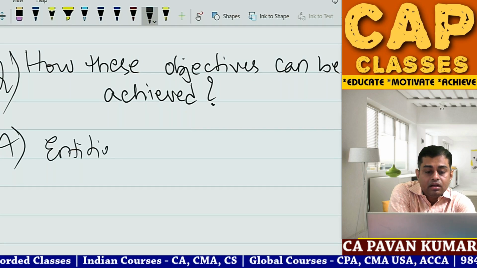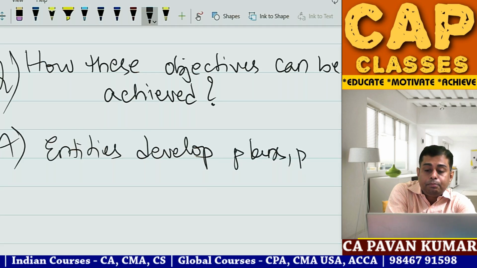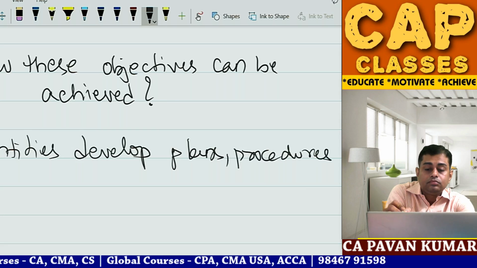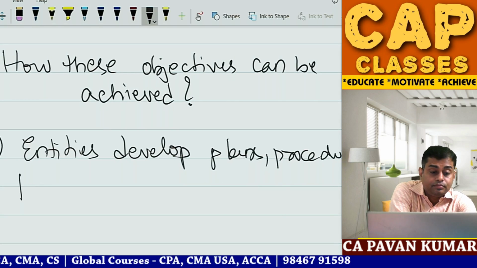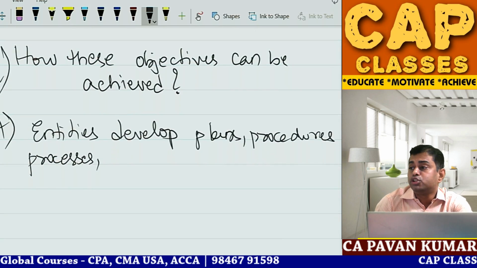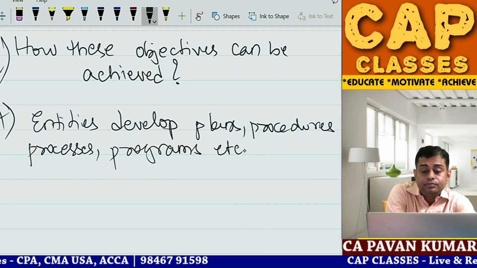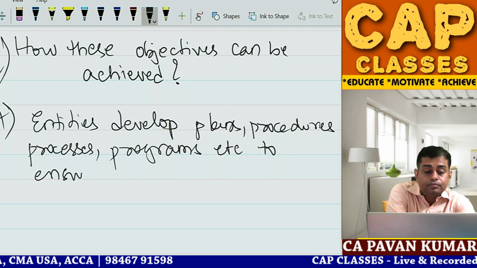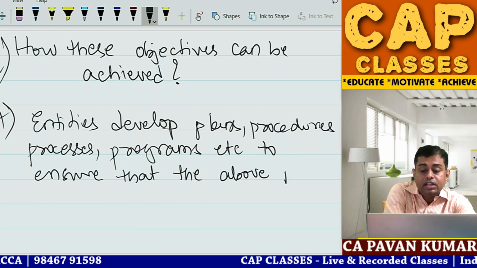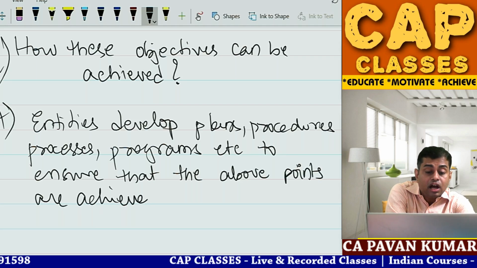Entities develop plans, procedures, processes, programs, etc. to ensure that the above points, the above objectives, are achieved.